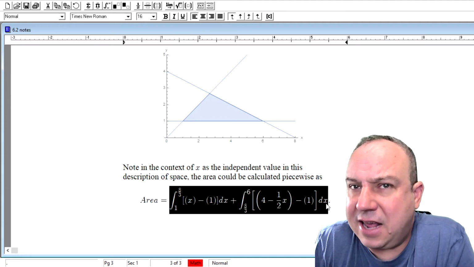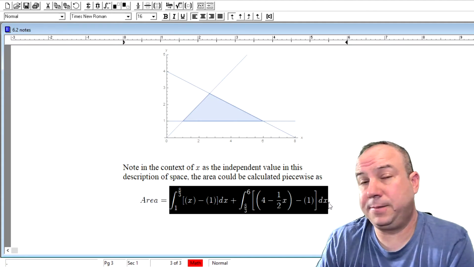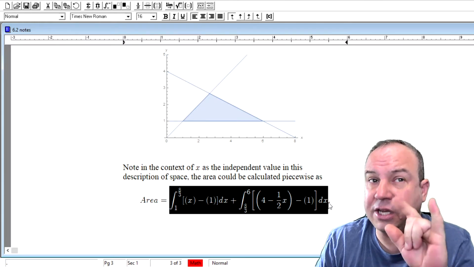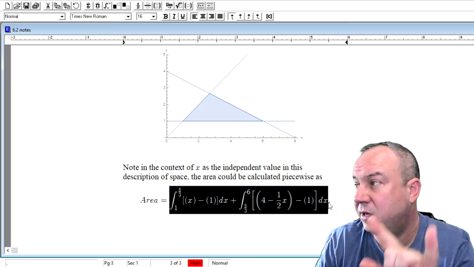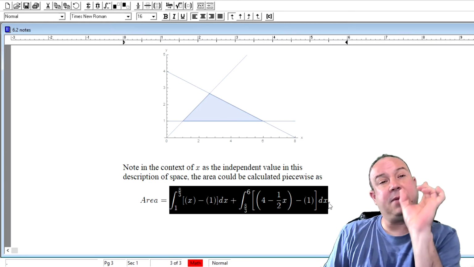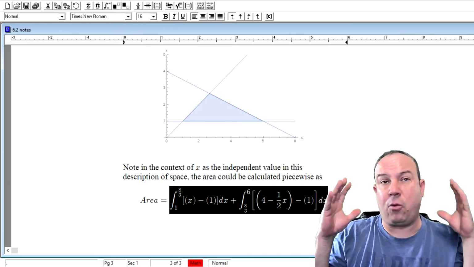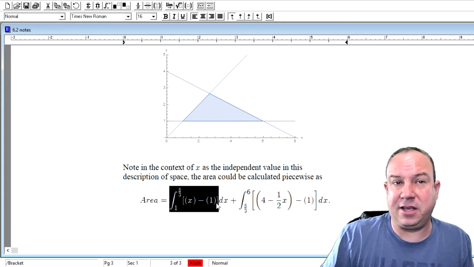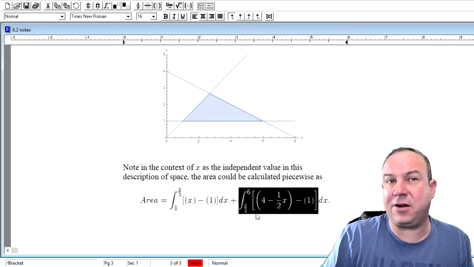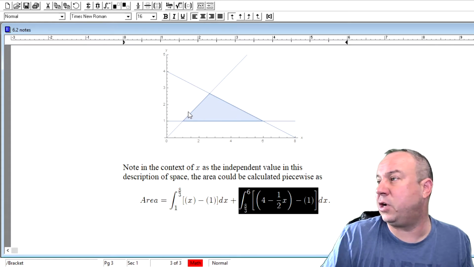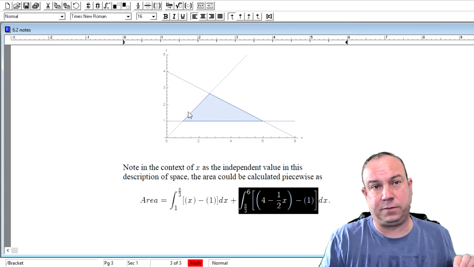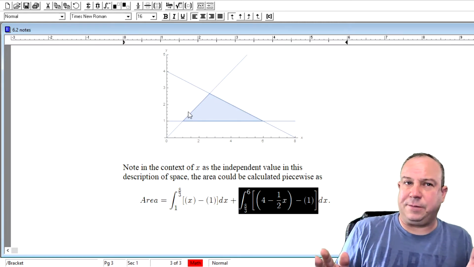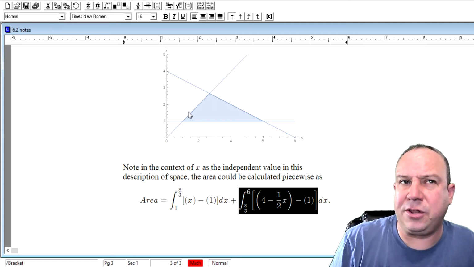Notice that did have to be approached piecewise. This would be approached using two separate definite integral calculations that would be added together to describe that one physical area of space. It would be this area added to this area makes the area of the region of interest in total. All right?